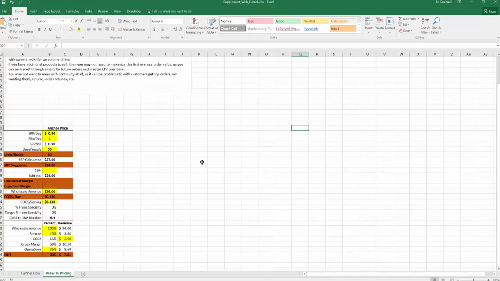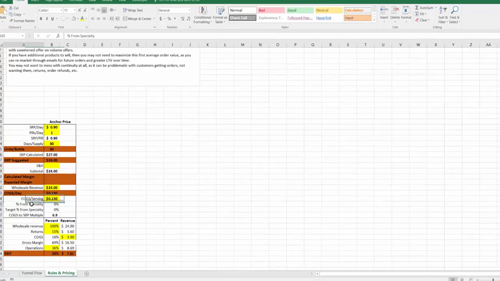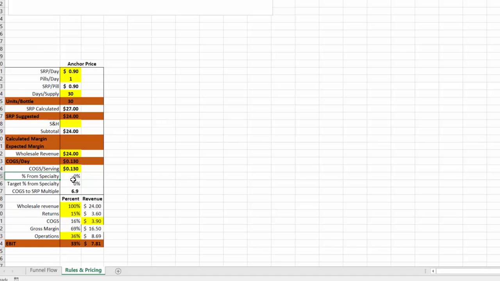Because if you find that, down the line you want to get into grocery over here, but for some reason your EBIT has gone to nothing, or it's gone way down, or you can't keep some of these percentages in check, then you have to back all the way up here and say, okay, well, let me readjust pricing here, start adjusting back down.